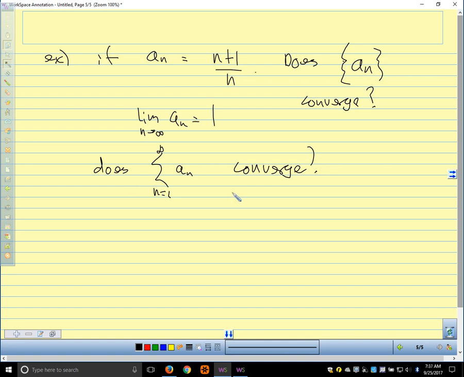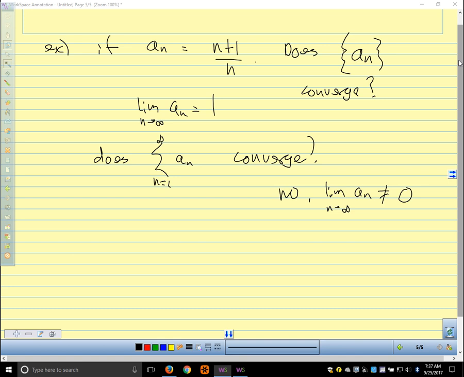So the series diverges. So this sequence converges because the nth term has a limit, but this series does not converge because the nth term does not approach 0 as n approaches infinity.